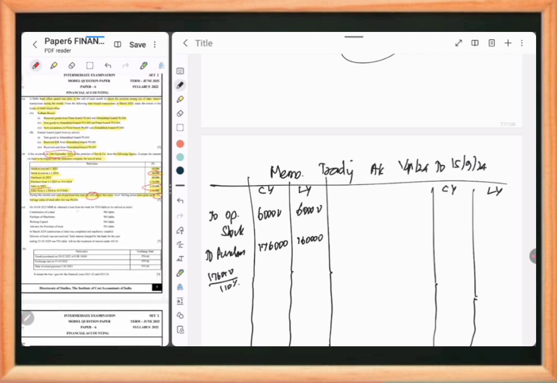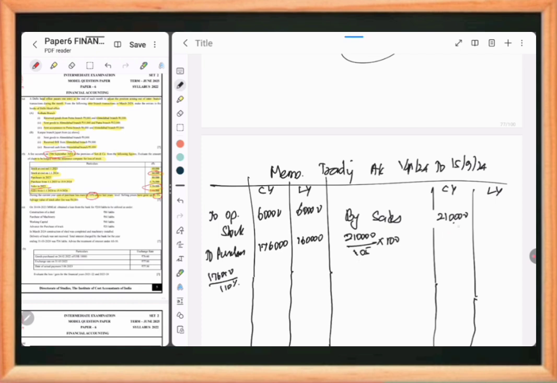Actually, the sales value has been increased by 5%, so it belongs to 105%.